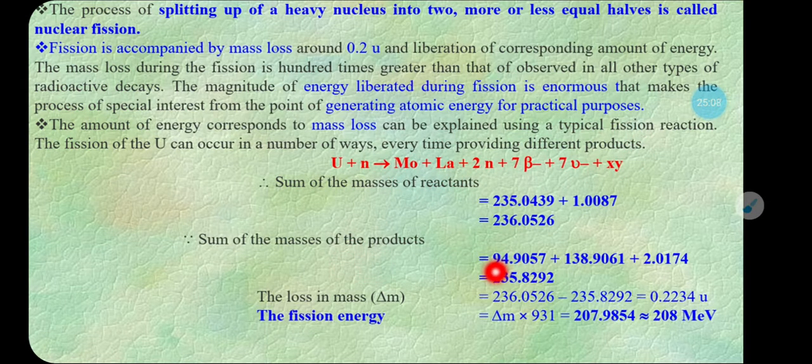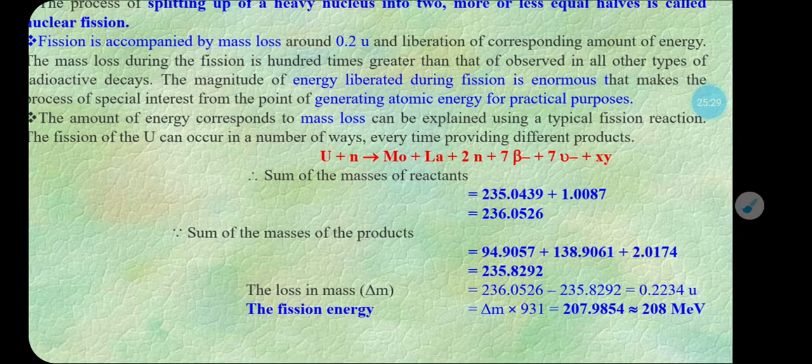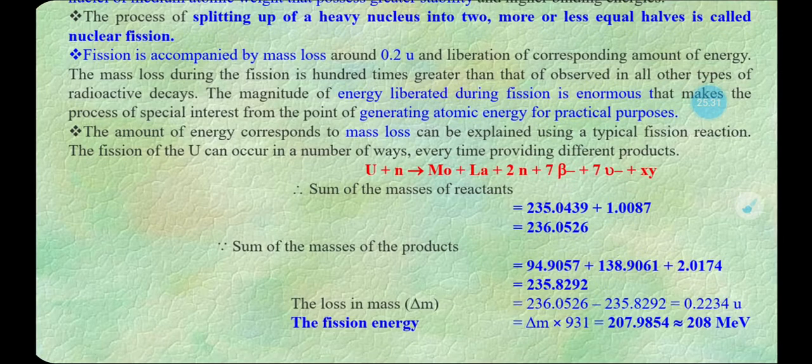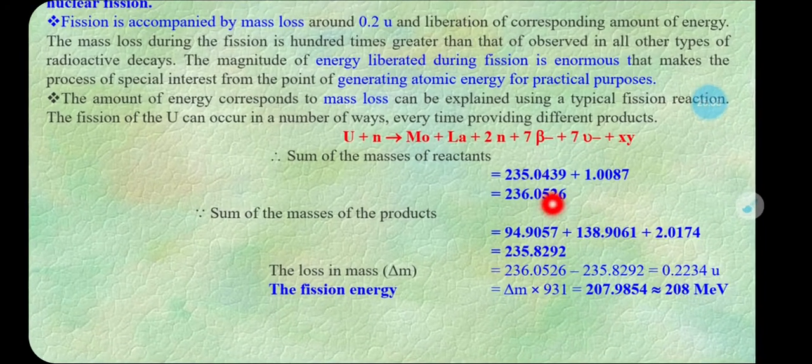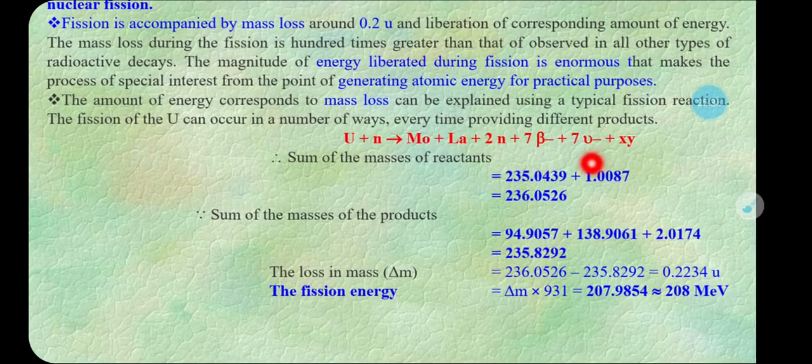And the masses of the products: molybdenum 94.9057, then lanthanide 138.9061, then the 2 neutrons 2.0174, and the beta particle is massless, it is only charge, then the antineutrino.